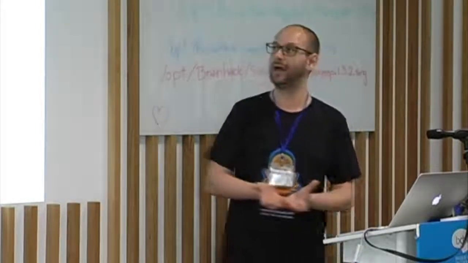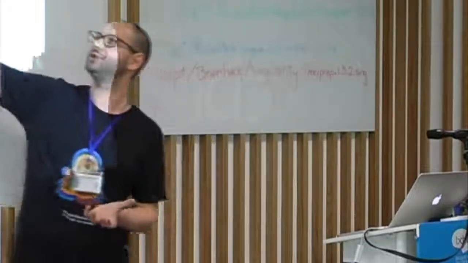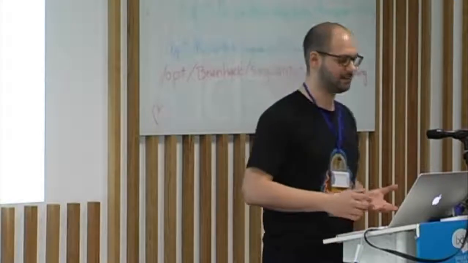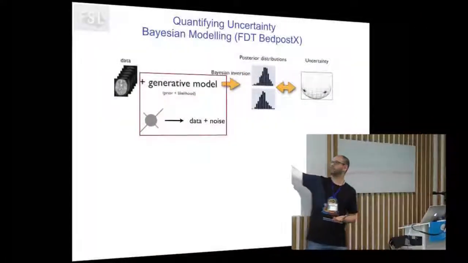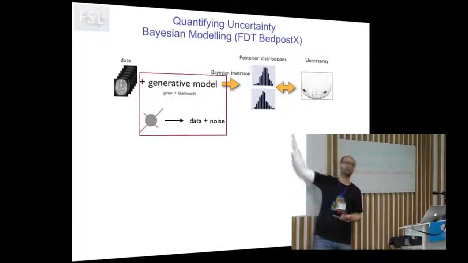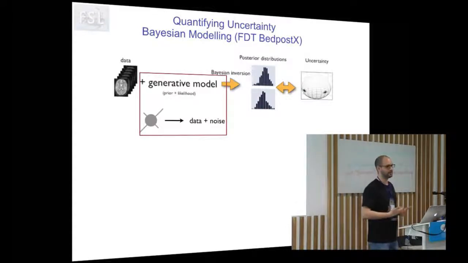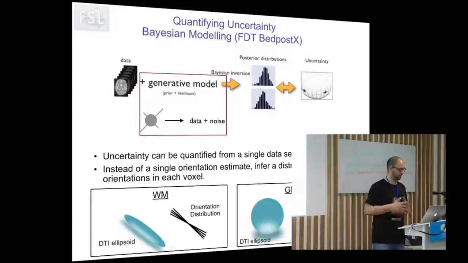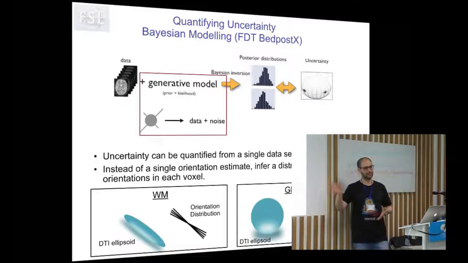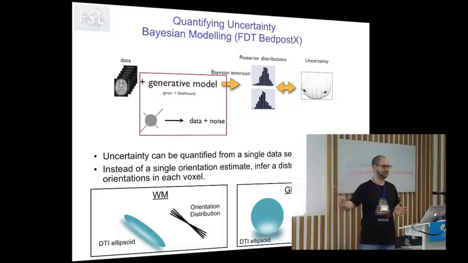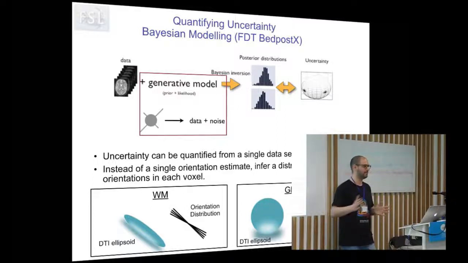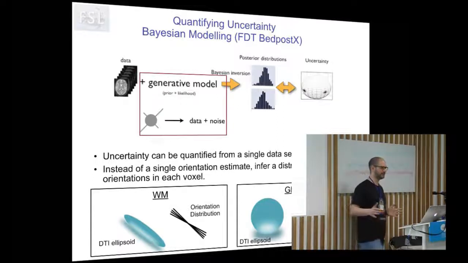And what having the distribution basically gives you is that it's not just a single value, not just the average or expected value that you're going to get for that parameter, but given the standard deviation of this normal distribution, you can also have the estimate of how certain you are about that parameter value, for all of the parameters that we have there. So what effectively this means is that we don't need to rescan a single subject 100 times to quantify the uncertainty, but we can do that for a single data set.